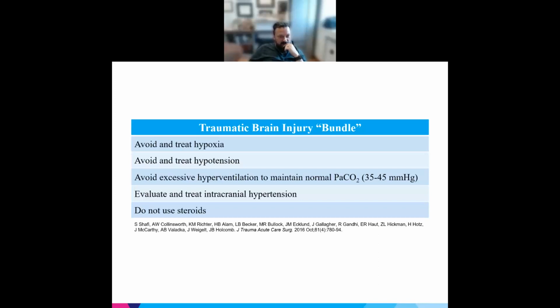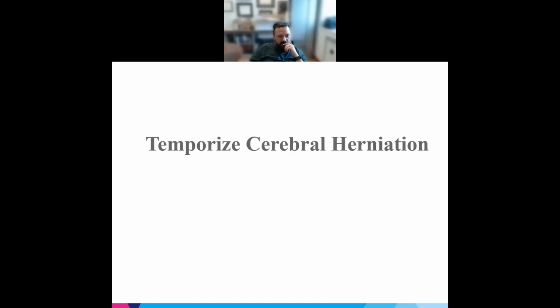If a patient has a tumor, you might need to use steroids, but particularly this beginning part is important. There's basically no time when we want any of our neurosurgical patients to have any sort of hypoxia or hypotension, and those are the things that really cause secondary injury, in particular along with untreated intracranial hypertension.